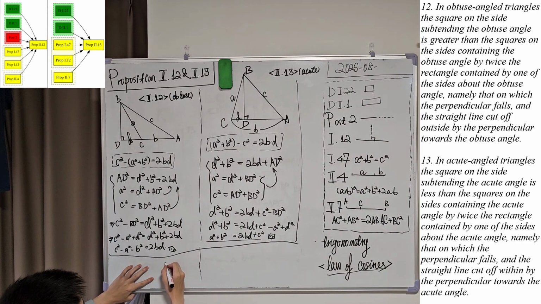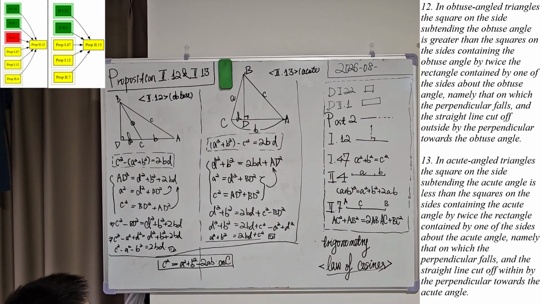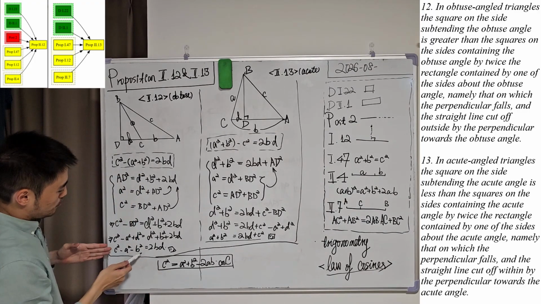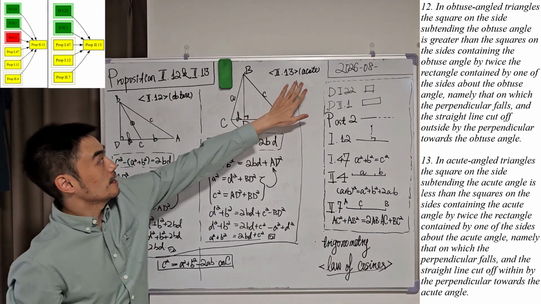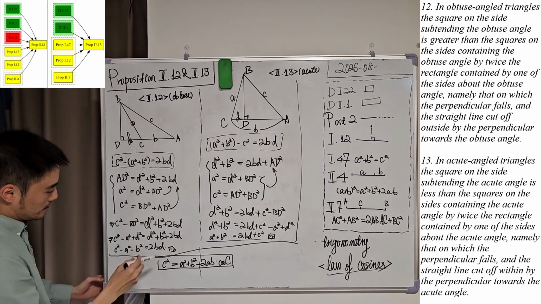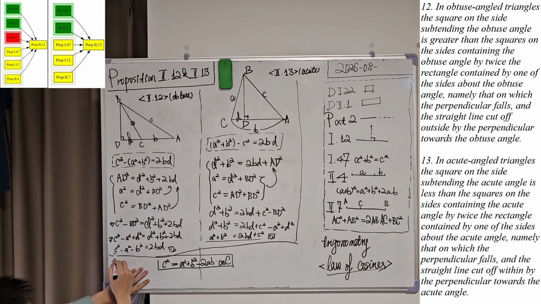So C square will be equal to A square plus B square minus twice of AB times cosine C. Okay, this is the law of cosines. And we think about these two specific cases, the obtuse-angled triangle and acute right-angled triangle. We can see here, this is our conclusion, correct?